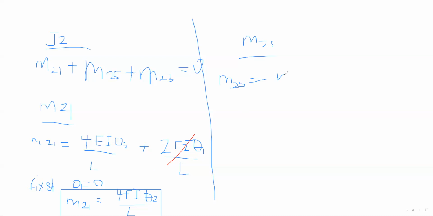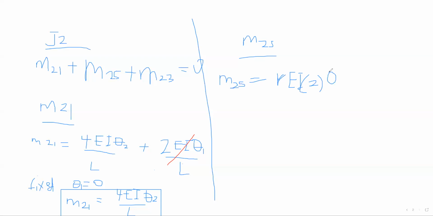So I have R, E, R. And you have to check your I, because you could see that for 2.5 the I is 2I. Check the drawing, so here you can put 2.